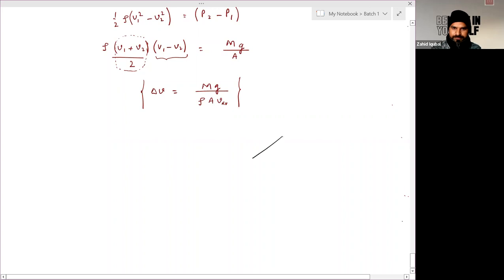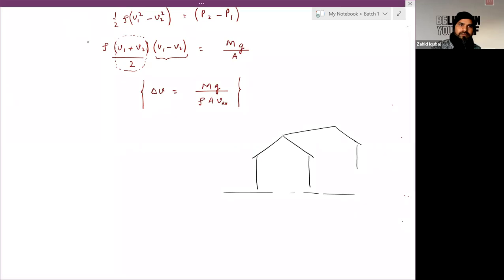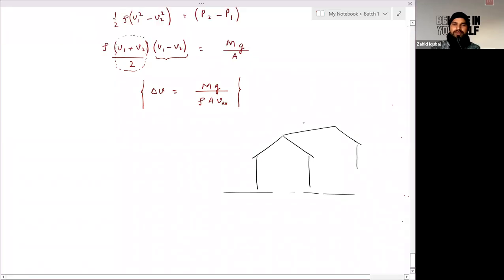Suppose in a heavy storm, air will move across its rooftop like this.